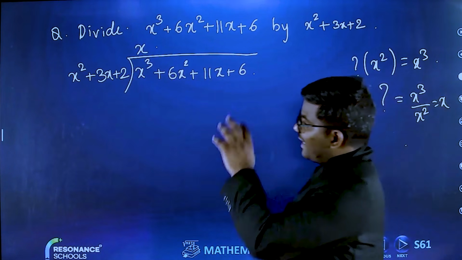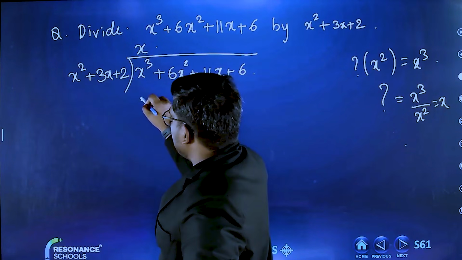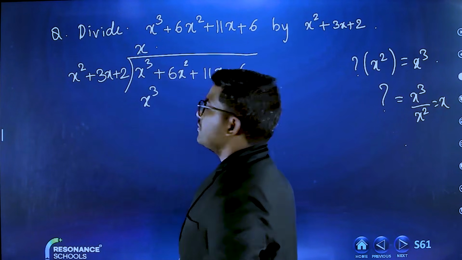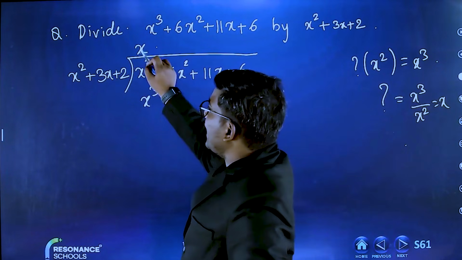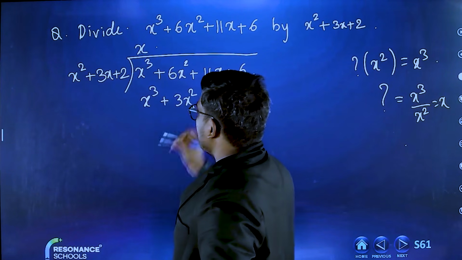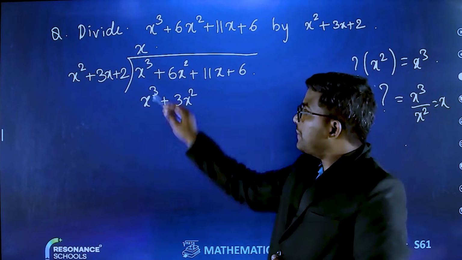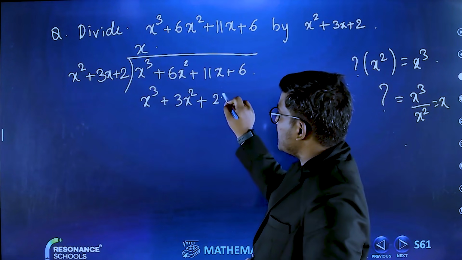If I take an x there, x into x square will be x cube, x into 3x will be 3x square, plus x into 2 will be 2x.